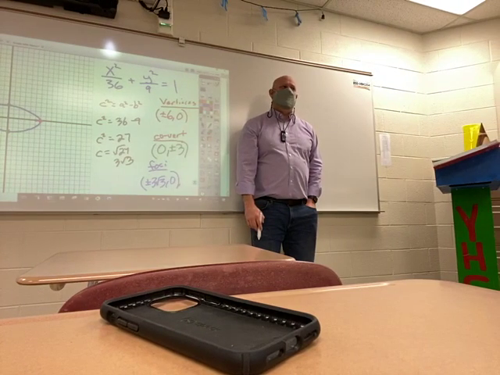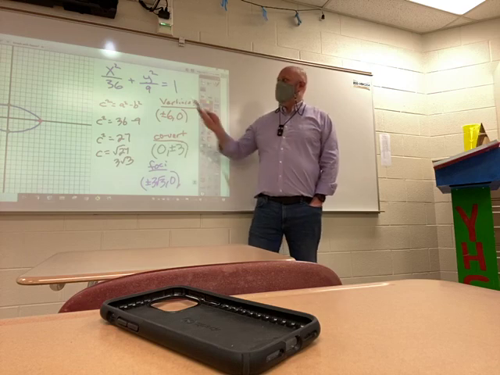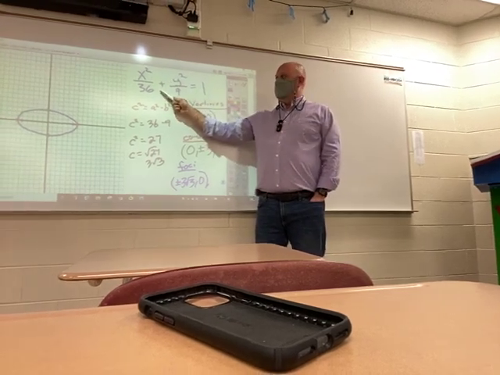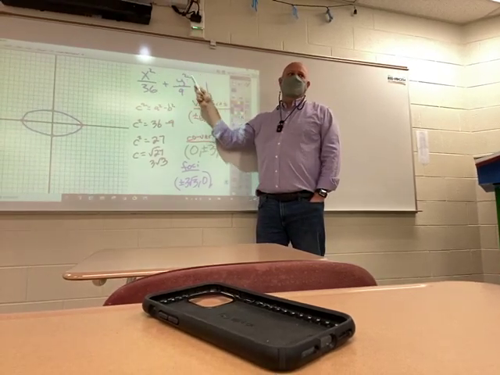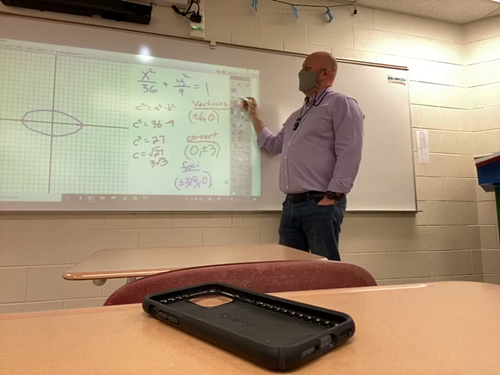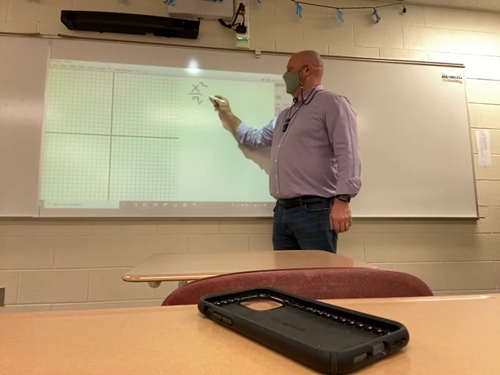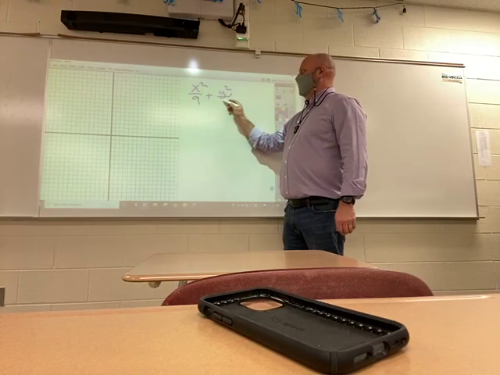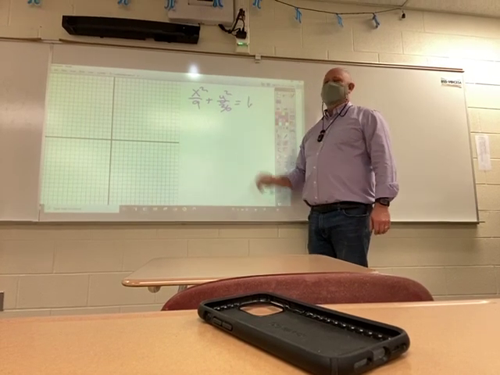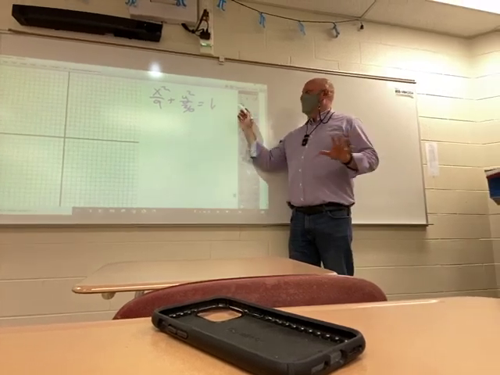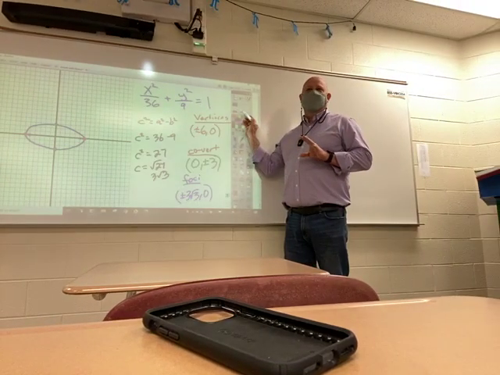And that's it. So my question to you: what would be the difference between this equation, x squared over 36 plus y squared over 9, and what would change if I put x squared over 9 and y squared over 36? Same numbers, but what would change as far as my graph?